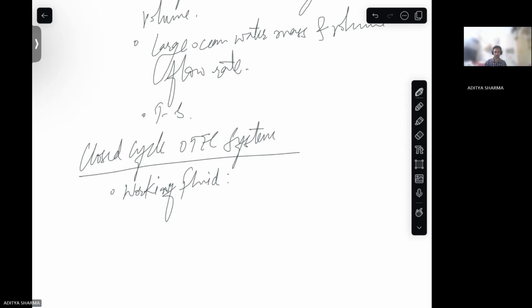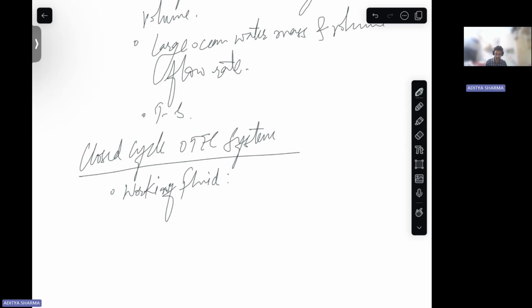Then here, what is the working fluid? Water is not used as a working fluid here.